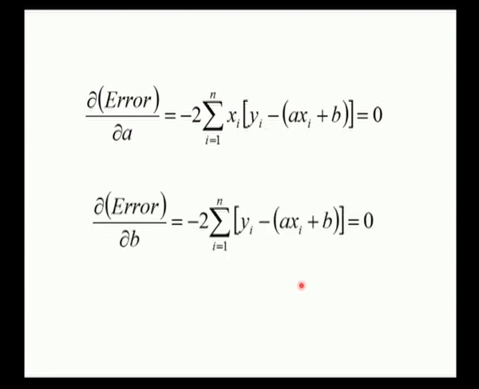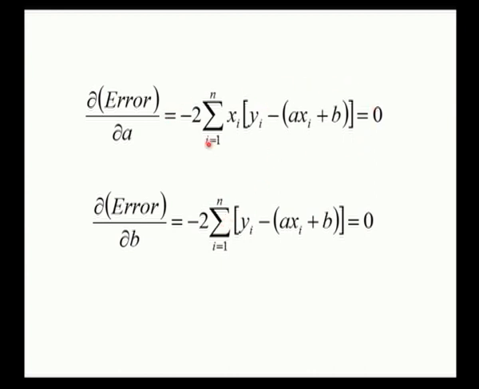You can carefully observe that you had a square. So, based on the chain rule, minus comes because of this term. When I differentiate with respect to a, I will have minus xi. So, you have minus 2 times xi and the linear term. Similarly, when you differentiate with respect to b, there will be a minus 2 term only.